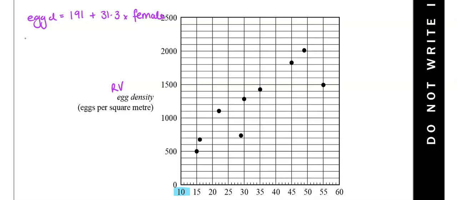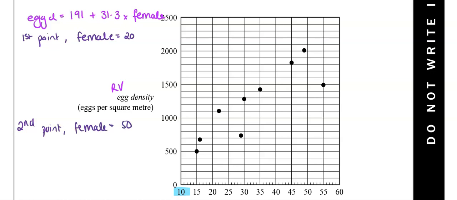So I'm going to, for my first point, use that the female moth numbers is equal to 20. For my second point, I'm going to use the female moth numbers is 50.